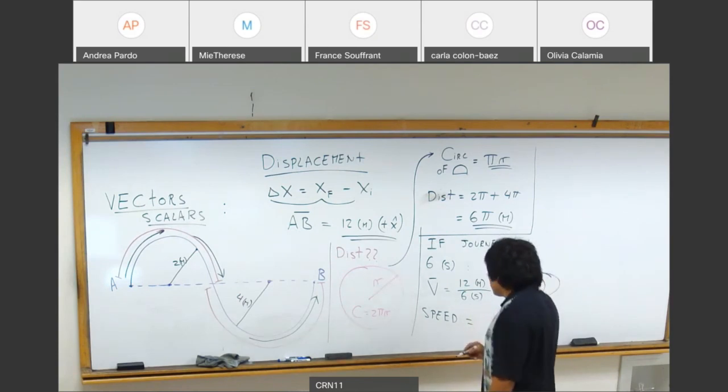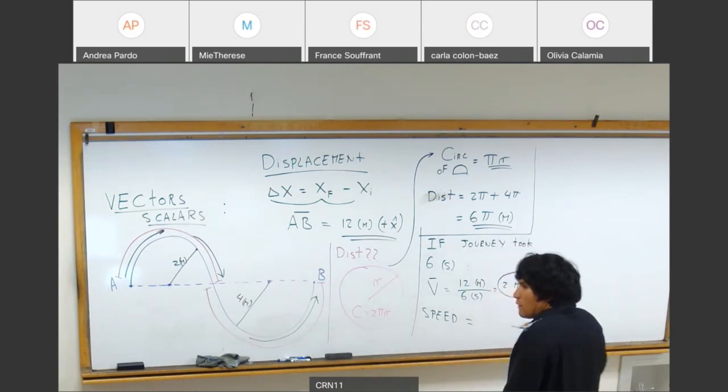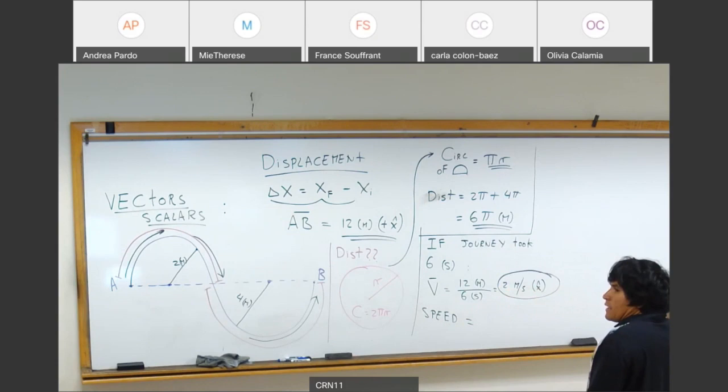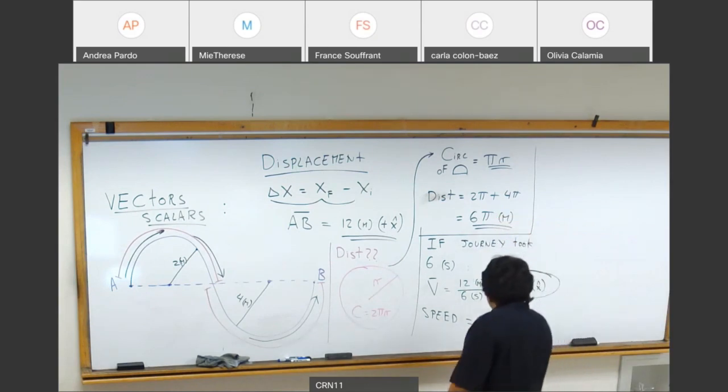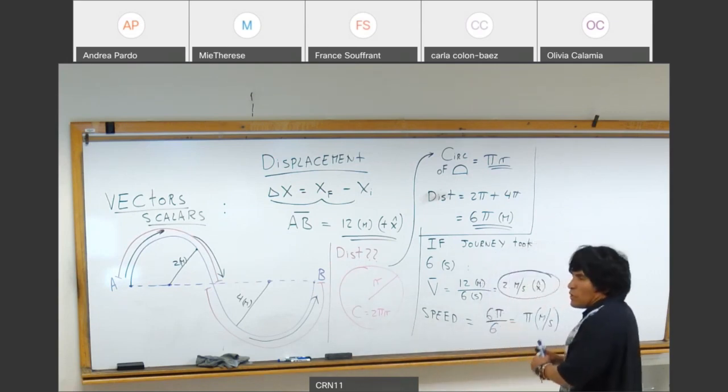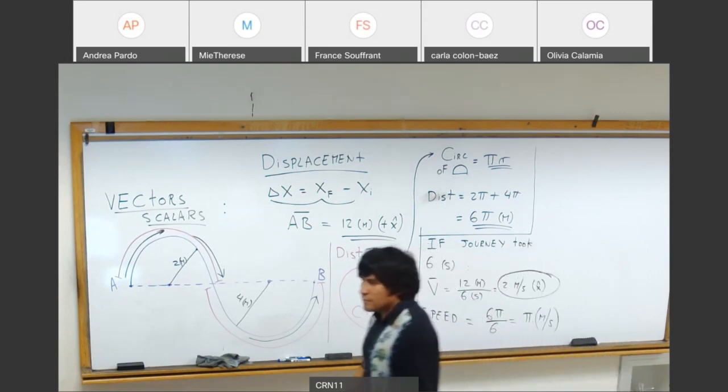That's my velocity. And my speed, the average speed, will be the total distance divided by the 6 seconds. So 6 pi divided by 6 equals pi meters per second, so 3.14159.